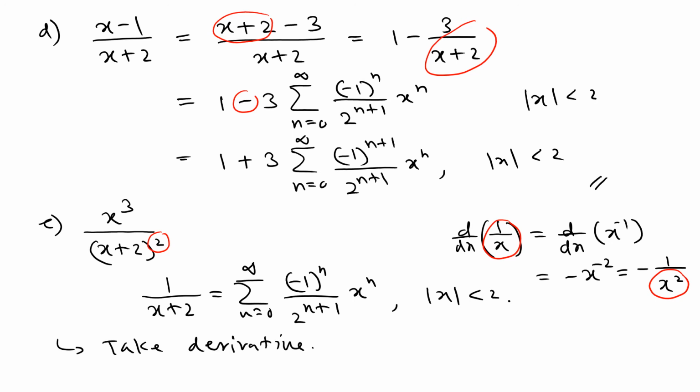So let's see how the next few steps work. By differentiation, and we also know that it does not change the radius, we take the derivative d by dx of 1 over x plus 2.